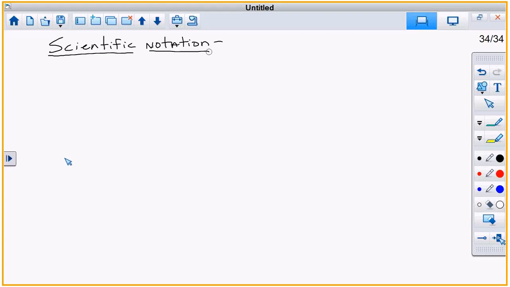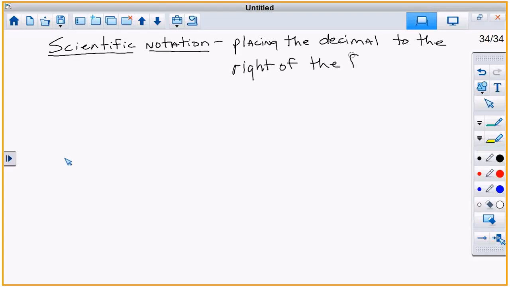But the actual definition is placing the decimal to the right of the first number greater than 0.